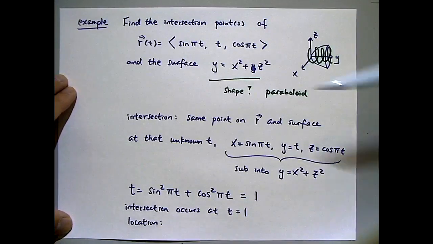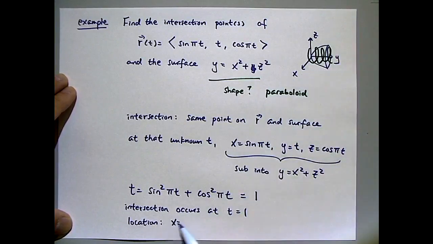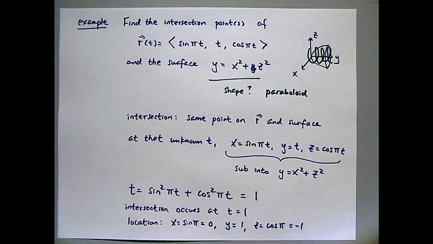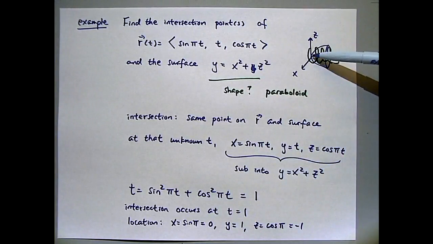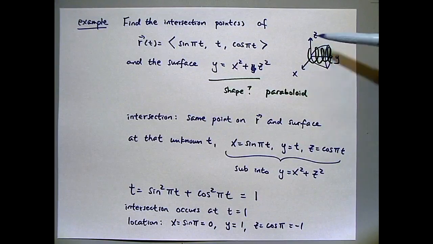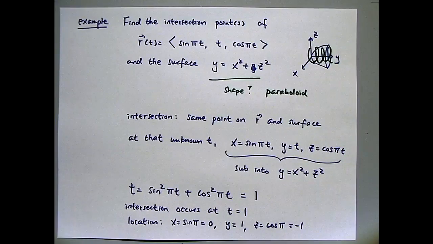And the location is at x is equal to sine of pi, which is 0, y is equal to 1, and z is equal to cosine of pi, which is minus 1. We're looking at 0, 1, minus 1. 0 for x, positive 1 y, and negative 1 z, somewhere down here. That's the intersection. And there's only one.